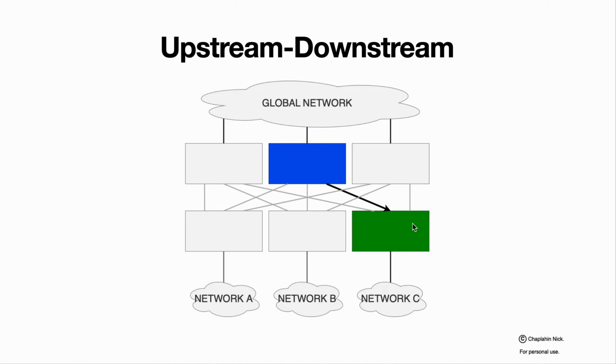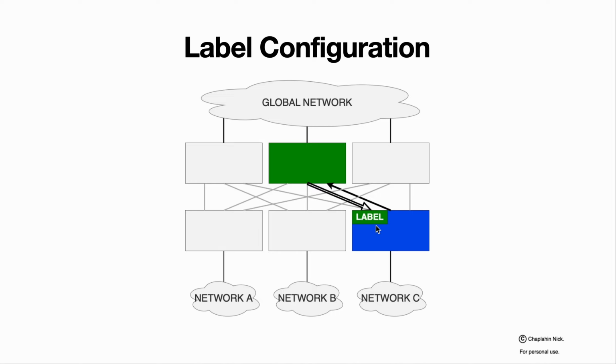So traffic or frame that goes to the network C on this particular hop from upstream blue goes to downstream green. If frame goes vice versa in opposite direction, it will go from upstream green to downstream blue. Why is this important? This is important because label is defined between each pair of the devices for each FEC, and downstream device defines the label.